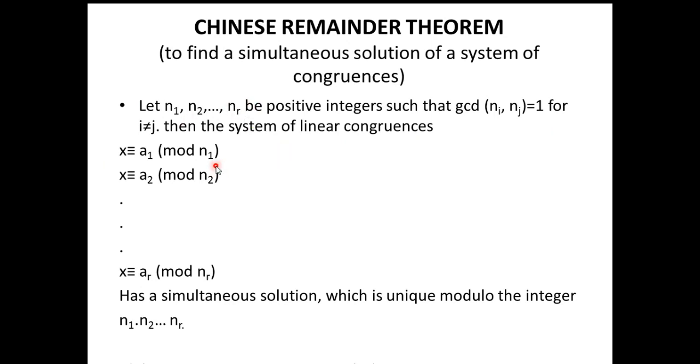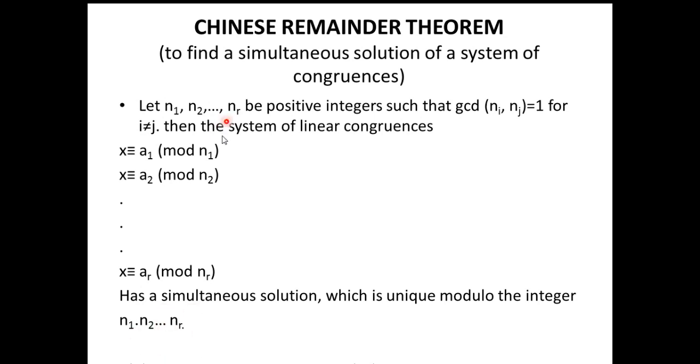Then the system of linear congruences given by this: x is congruent to a1 modulo n1, x congruent to a2 modulo n2, up to x congruent to ar modulo nr. This system has a simultaneous solution which is unique modulo the integer n1 n2 up to nr.